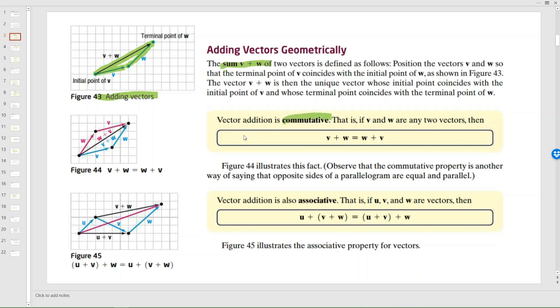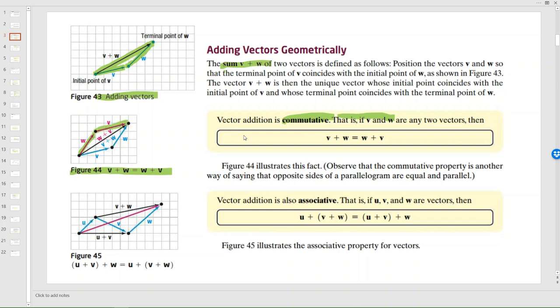Now, there is a commutative relationship. So if I decided to start with w and then add v, let's look at this example here. If I start with w, w looks like this. It goes in that direction for that distance, magnitude. And then when I place v, if I begin at the end of w, it takes me here.